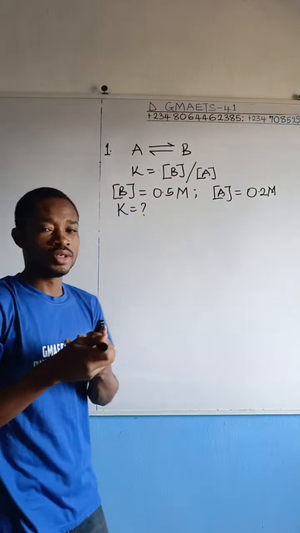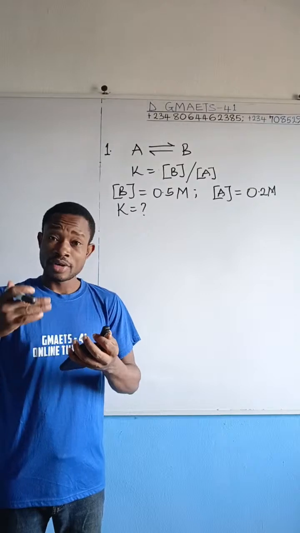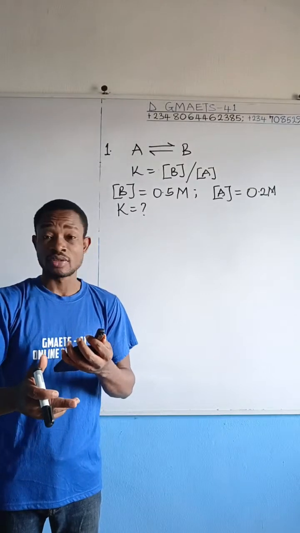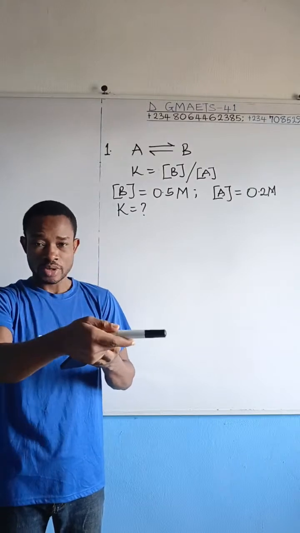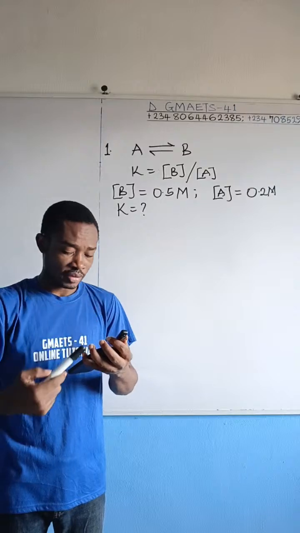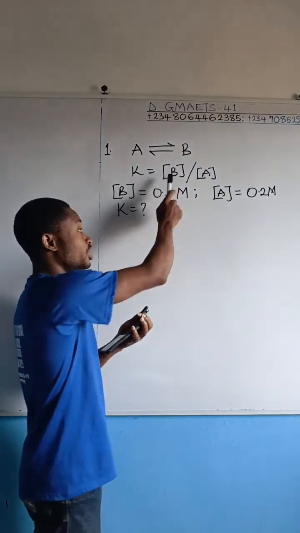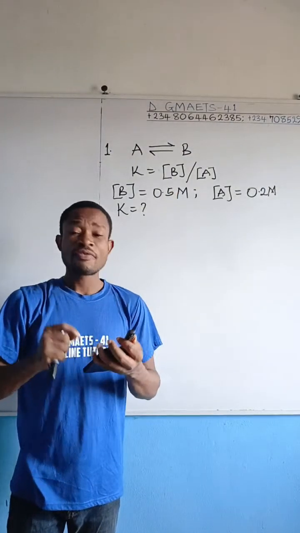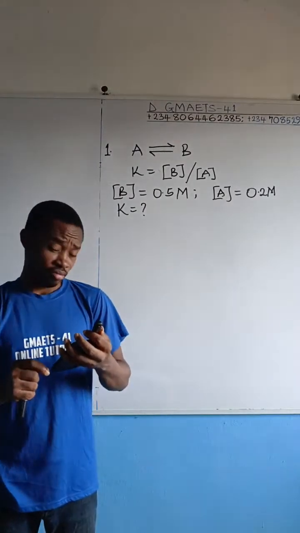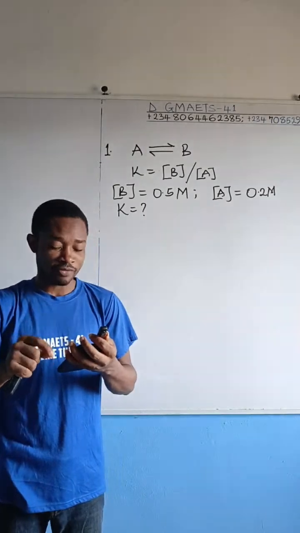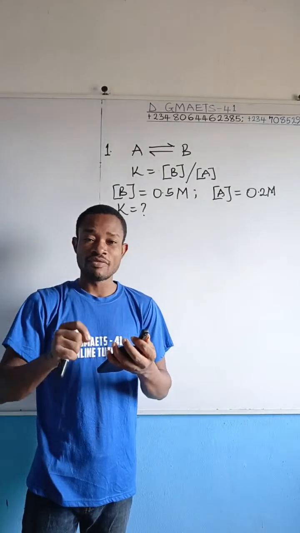The value of K we don't know. So that's the question. Now, I'm going to read the question once and go straight to the options, then we solve. For the reaction A produces B, as you have on the board, the equilibrium constant K is given by K equal to concentration of B divided by concentration of A. If concentration of B equals 0.5 molar and concentration of A equals 0.2 molar, what is the value of K?